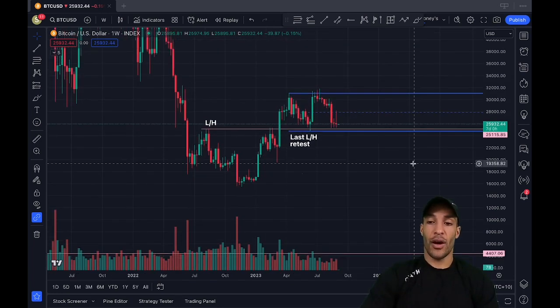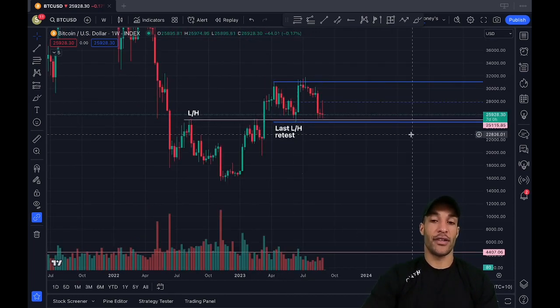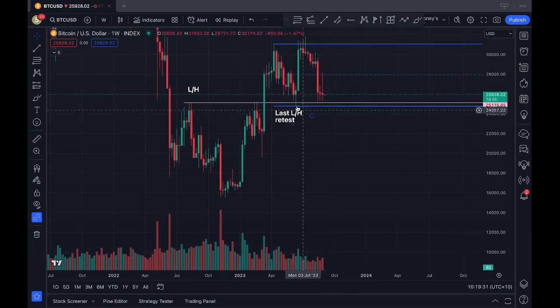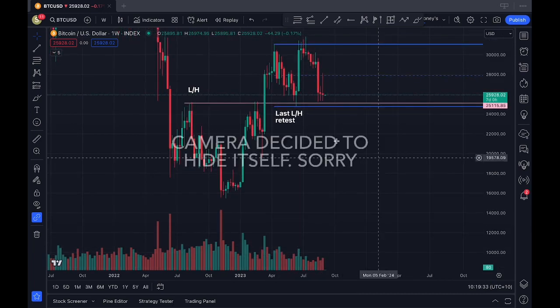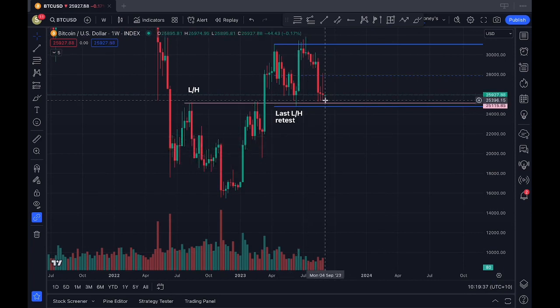The last lower high was put in at 25,000 roughly, okay? We had confirmation of this when we broke out of that zone and had the retest. Now, it is possible, again, that we retest this zone once more. I think it is highly possible because we haven't seen a retest with massive volume yet. I'm expecting that we will retest this zone with significant volume.